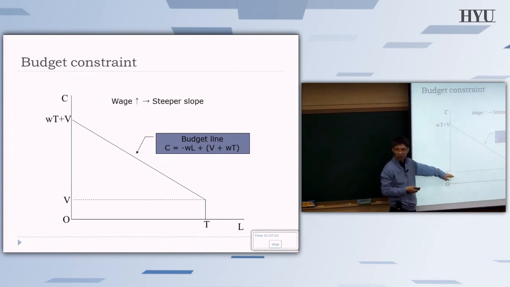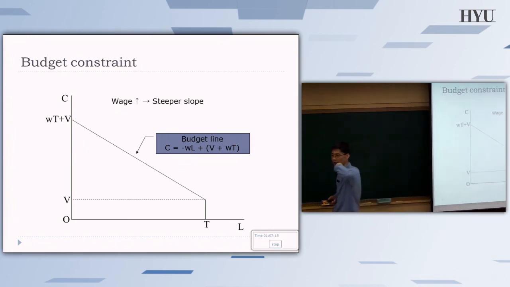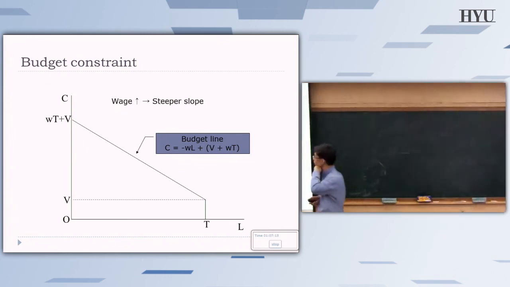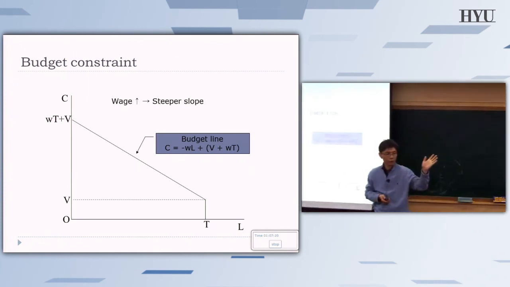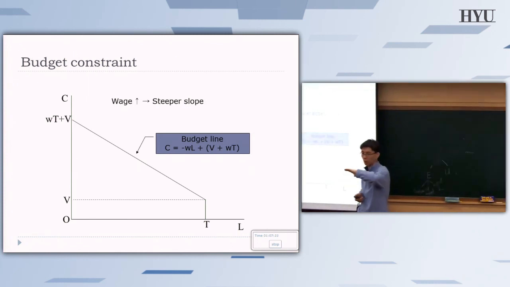The whole thing just shifts up, with no change in the slope. The starting point just gets higher. Questions? I know it's all basic, but it's important.